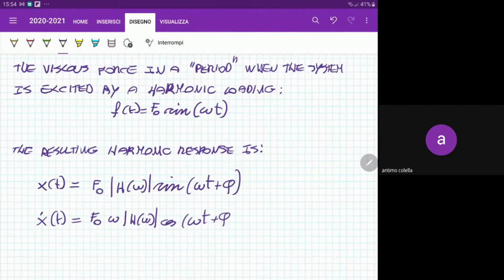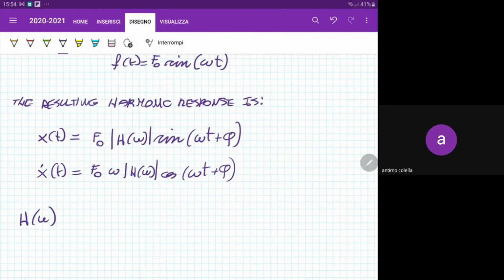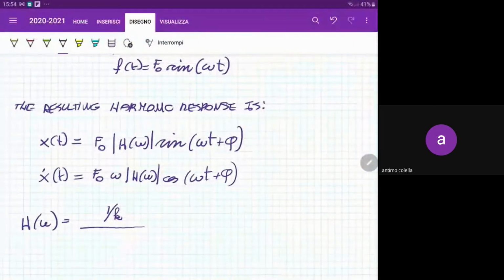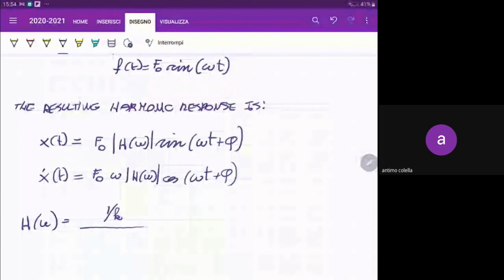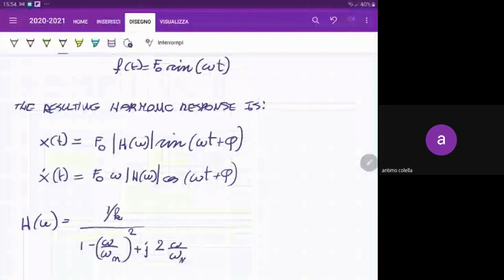Okay, now remember the H could be written as 1 over k, where k is the stiffness, the equivalent stiffness in a single degree of freedom system, divided by 1 minus omega over the natural frequency omega n squared plus j2 zeta omega over omega n.